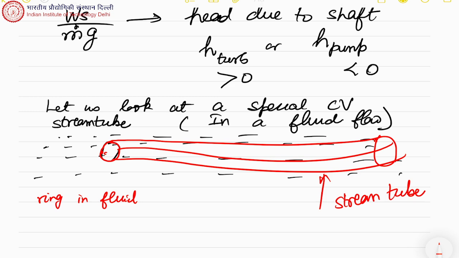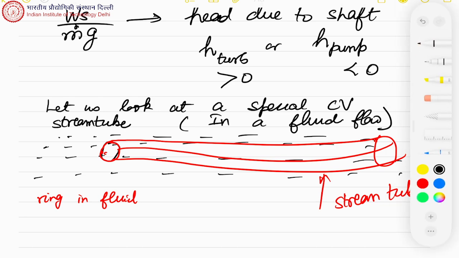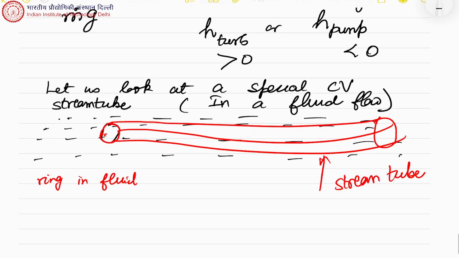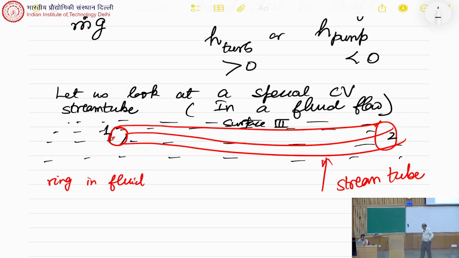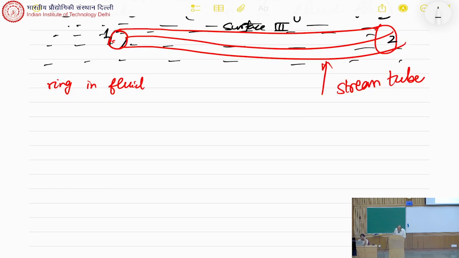That means we choose a closed ring and just follow the streamlines, and we can cut it anywhere on the side too. On this control volume, let's say this is 1, this is 2, and I am using 3 for the surface. Now let's make the following assumptions.